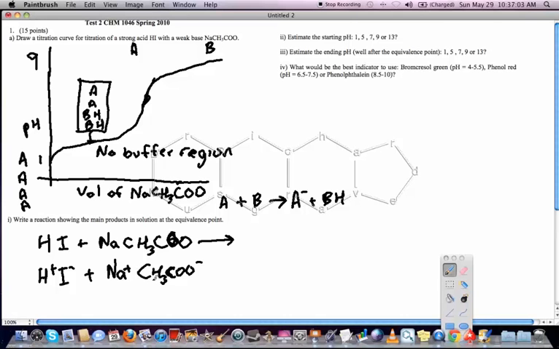Now we don't have the convenience of seeing an H plus and an OH minus, but what we can see here is that any of these that have positive and negative is what's going to join together. So the H plus will join with this one, and the Na plus will join with the I minus, and that will give us our final reaction.